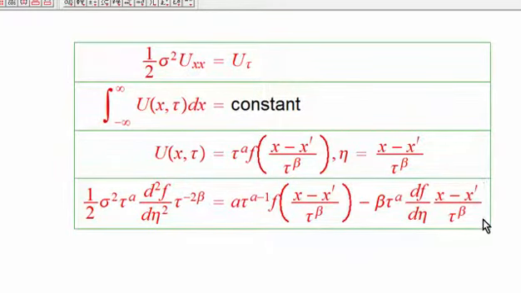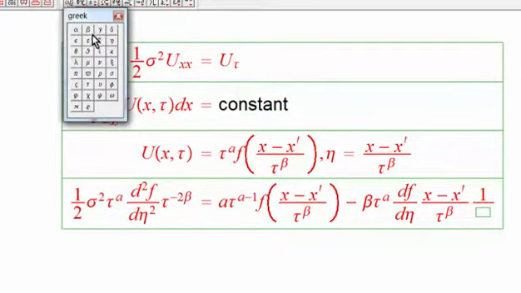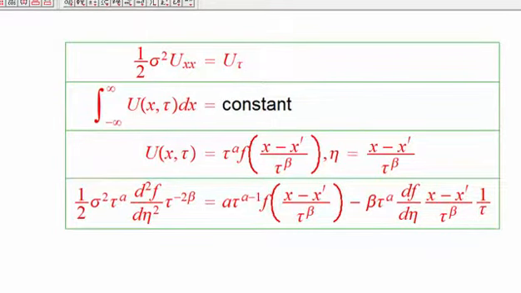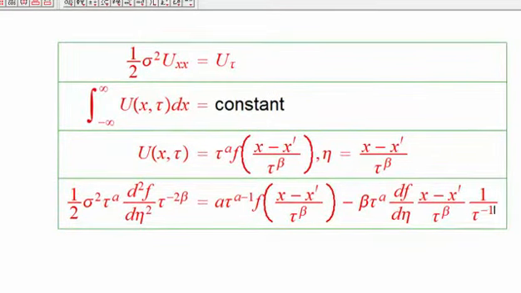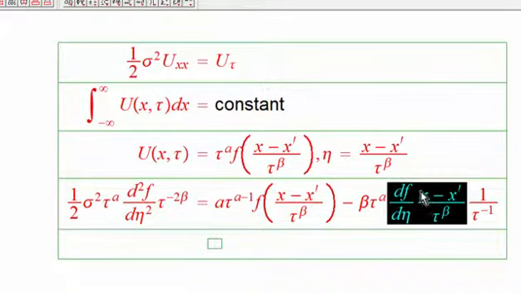But instead of writing that as subtracting 1 from the exponent, let me just make this as a 1 over tau to the minus 1. So I'm doing that so that I can just call this whole piece here again eta.